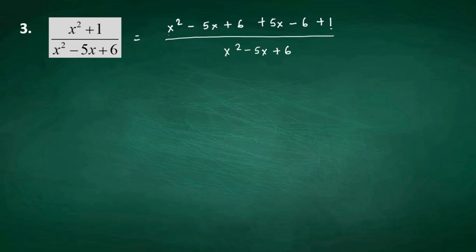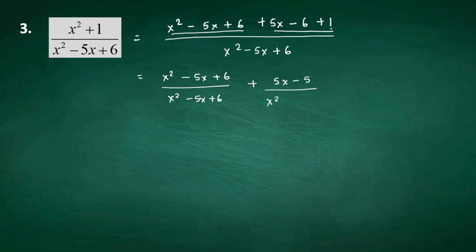Alright, now you can make this fraction as pair of first 3 terms and the next 3 terms. So you get this as x square minus 5x plus 6 over x square minus 5x plus 6 plus this can be reduced to 5x minus 5 over x square minus 5x plus 6.